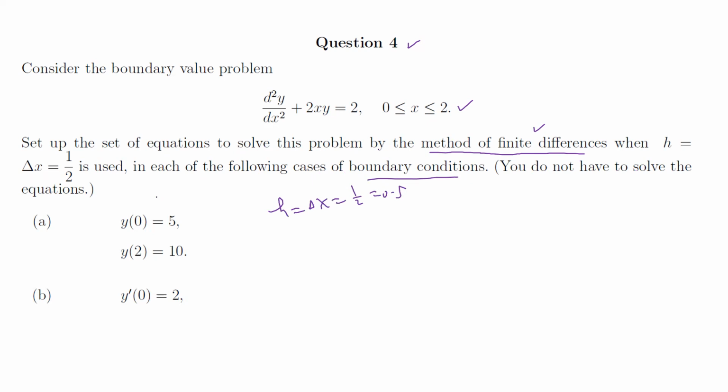You do not have to solve the equations, so it's going to be a bit shorter. If we're going to do part A, y at 0 is 5 and y at 2 equals 10.